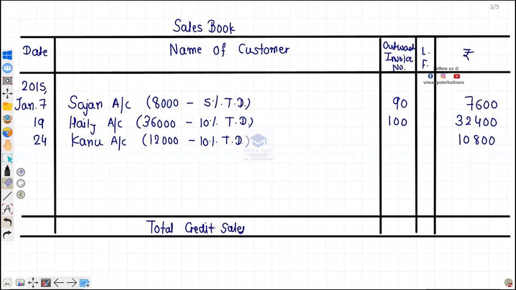Total credit sales, 7,600 plus 32,400 plus 10,800, so 50,800.